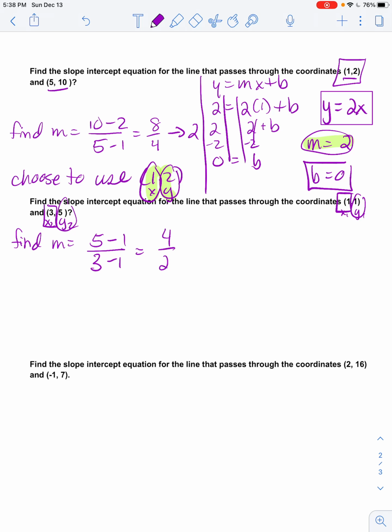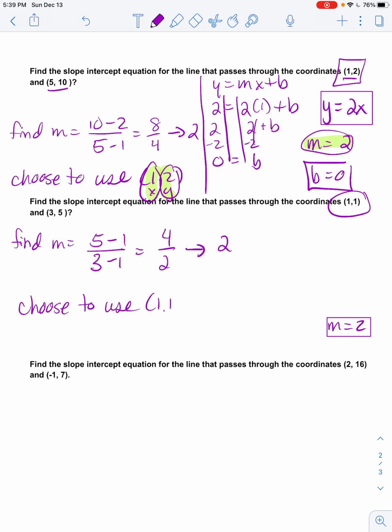I get 4 over 2 reduces to 2. So I know the slope is 2. One of my 2 puzzle pieces is complete. To find that b value, I get to choose to use. So what am I going to pick? I actually feel like 1, 1 would be easier. So I'm going to choose to use 1, 1.